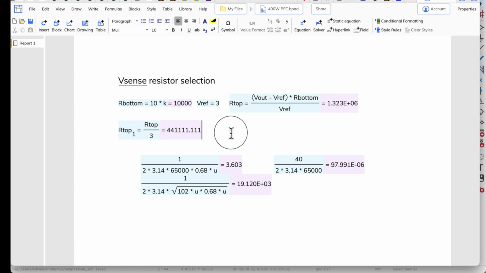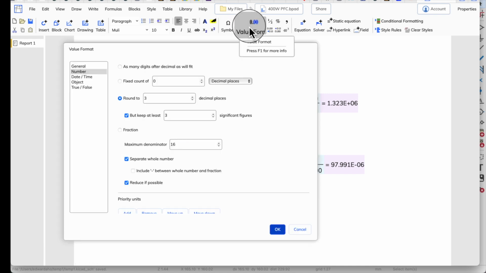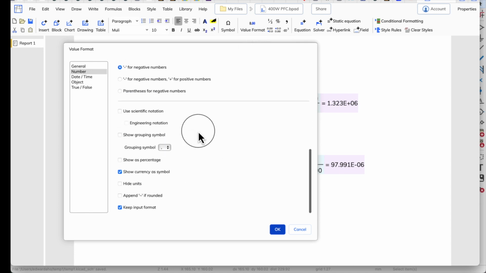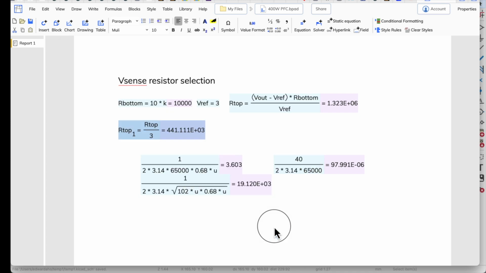But I really want to use several resistors because of the voltage stress on that input, that 400 volts. So I'm going to divide it by 3 and come up with this value. But now again, come up here to the value format, scroll down at the bottom, scientific notation, engineering notation, say OK, and there we go, 441K, right?